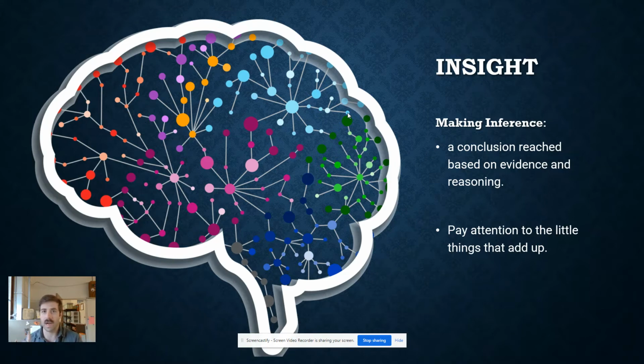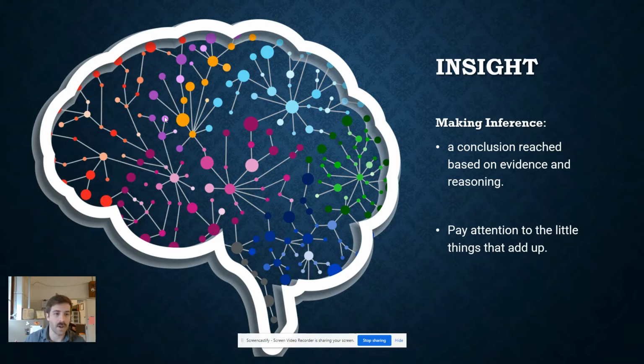How are things described? What's the tone of voice that the characters use? What's the exposition? What's happening in the story? We start creating these little plot points on our web, and through that, we can start connecting them. But we have to make sure that we're really paying attention, because the little things add up, and we don't want to miss something if we're not paying that close of attention.